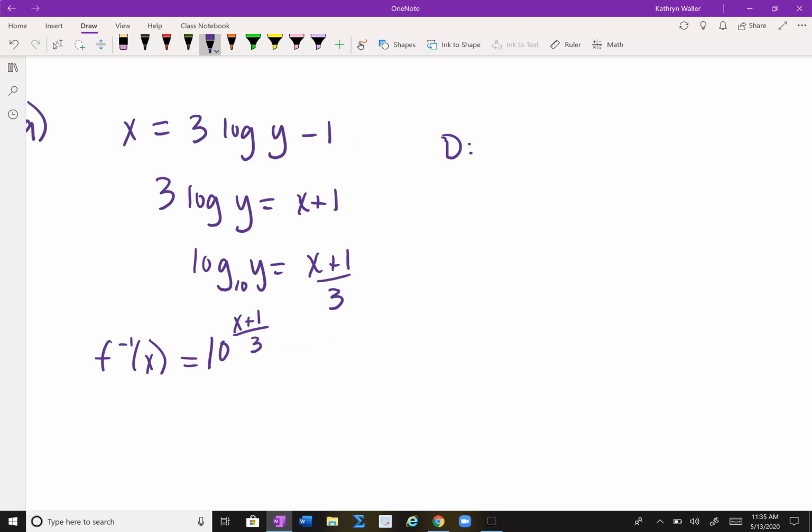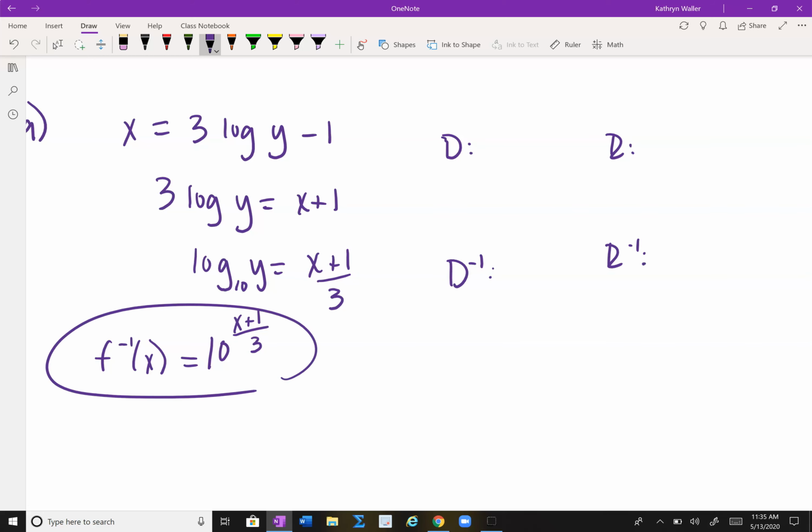They're asking you also for the domain and the range of the inverse and the original. So if you look right there, the domain of the inverse, there are no restrictions as to what x can be. No even root, nothing like that. So this is all real numbers, all real numbers. And then over here, we're taking the log of y.